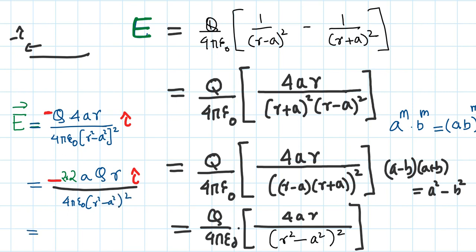So the purpose of factorizing this 4 was to identify the minus 2AQ I cap as the dipole moment vector.